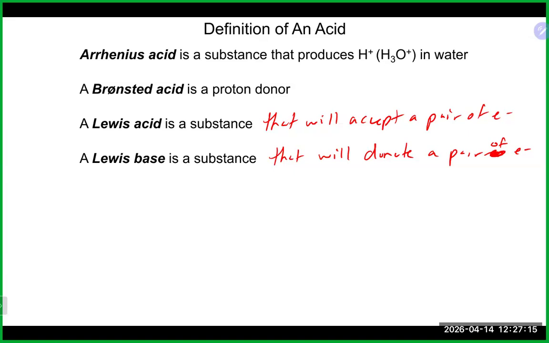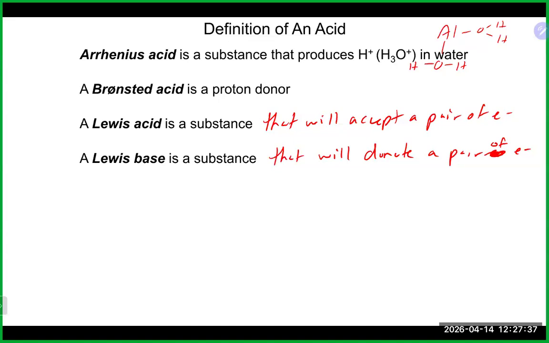Hence the earlier conversation where we had aluminum attached to a bunch of waters around it. That is because aluminum is electron deficient, as it has a +3 charge.